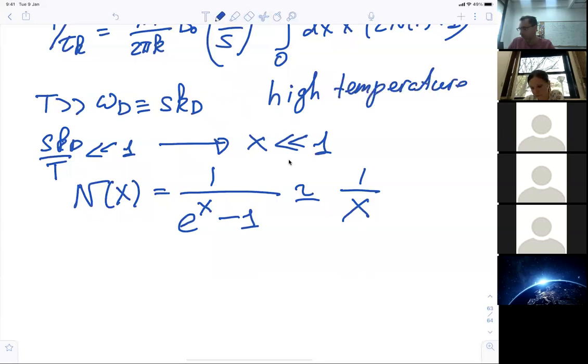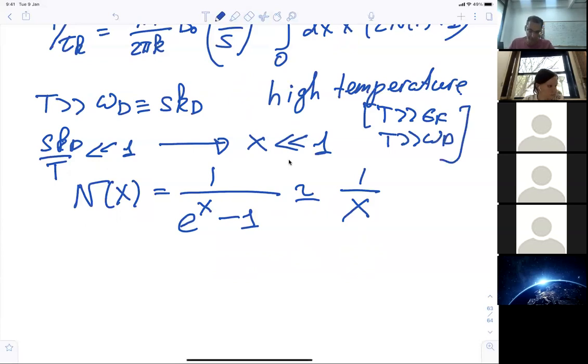Temperature is larger than epsilon Fermi. Temperature is larger than omega dB. Temperature is the highest parameter.